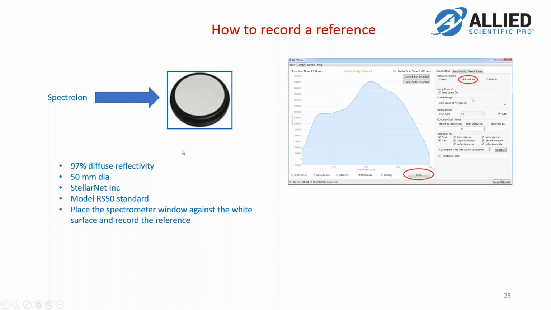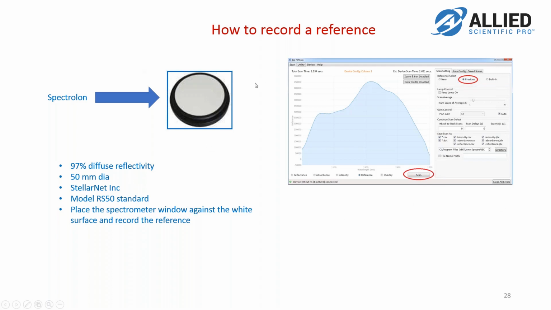This is an example from a company, StellarNet. It has 97% diffuse reflectivity. So you would go to new first, and it says scan reference. Place the spectrometer on this surface, make a measurement, and then you go to the previous, and use that reference that you recorded for your new scan.